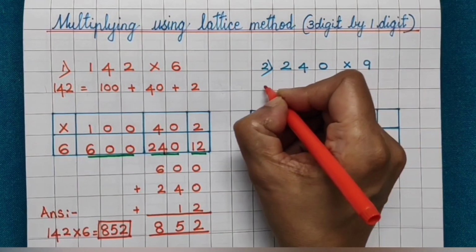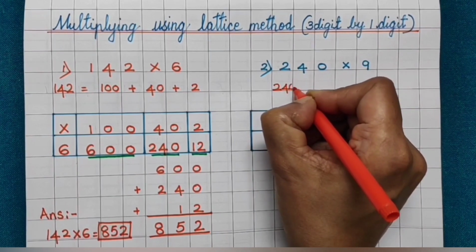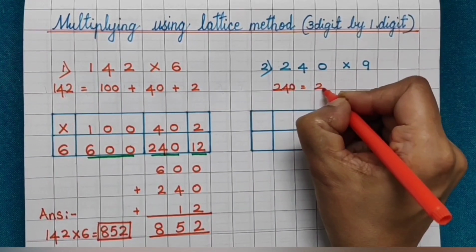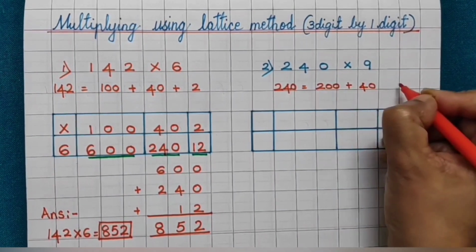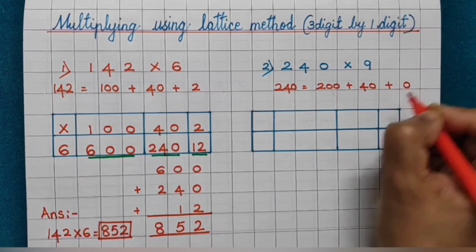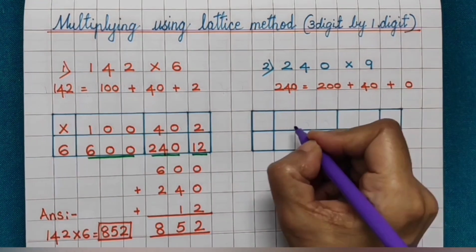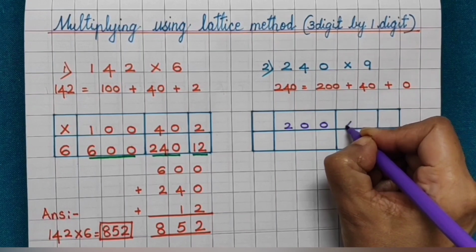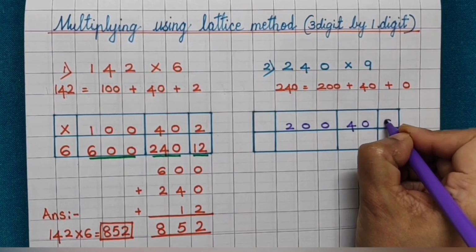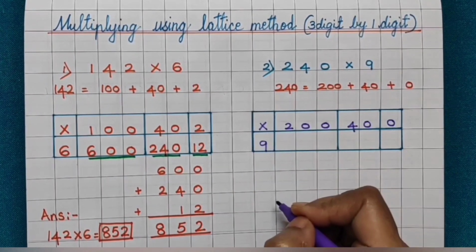Now the number 240, when you expand it, can be written as 200 plus 40 plus 0. So I will write 240 as, here it will be 200, here it will be 40, and here it will be 0, multiplied by 9.